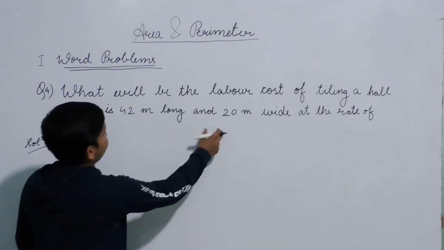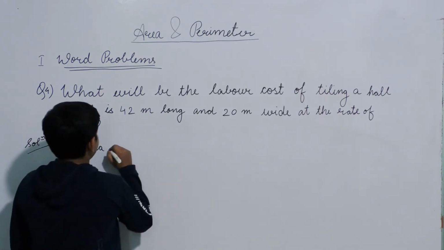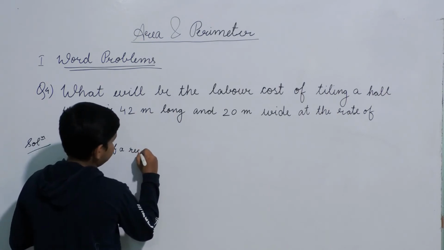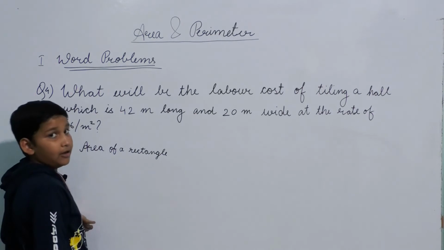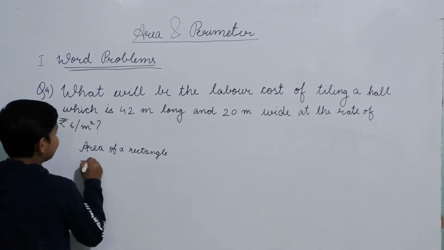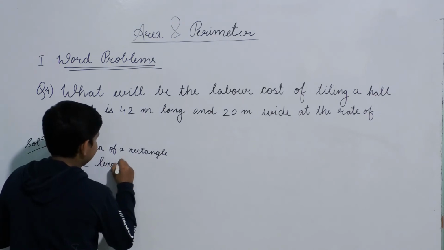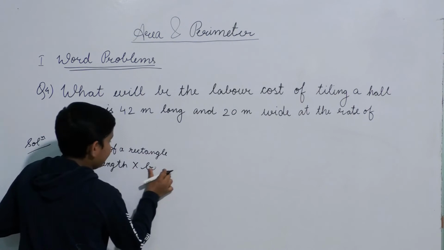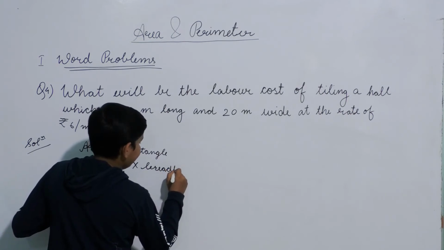Because the length and the breadth are given, it means that it is a rectangle. Area of a rectangle: there is a formula of length into breadth to find the area of the rectangle. So we will write length into breadth.